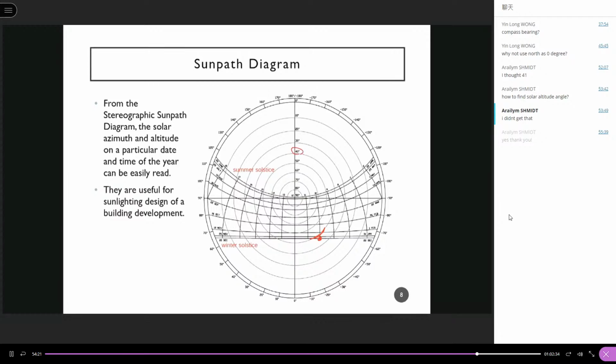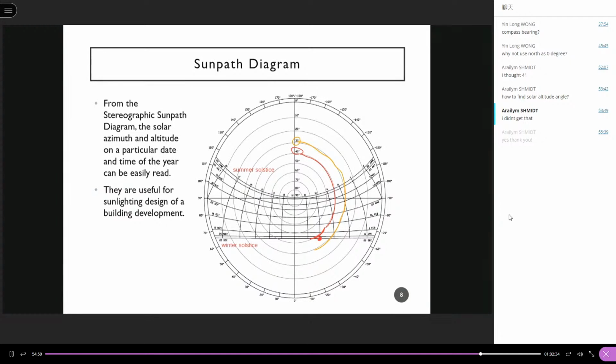This line is representing an altitude angle of 40 degrees, and it is also close to another altitude angle, which is 30 degrees. So this point is between 30 and 40, which means the solar altitude angle will be between 30 and 40.